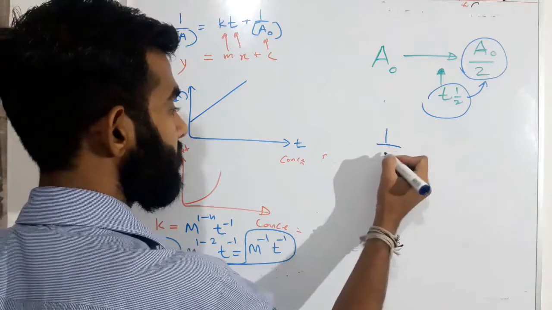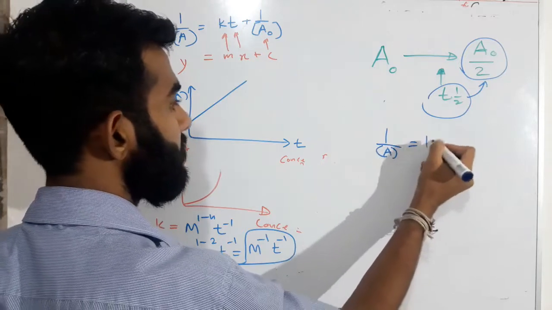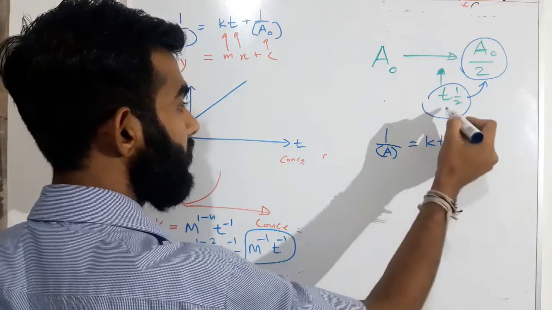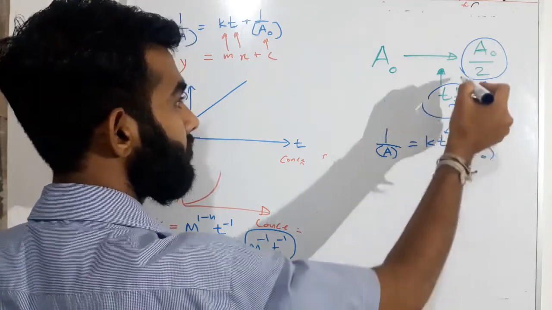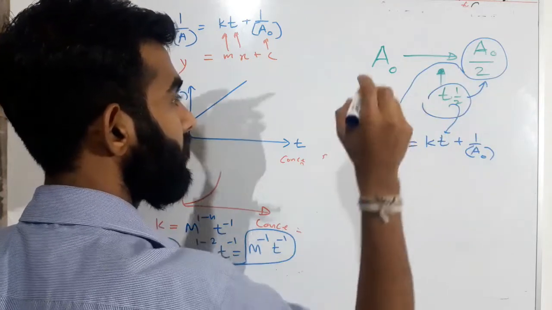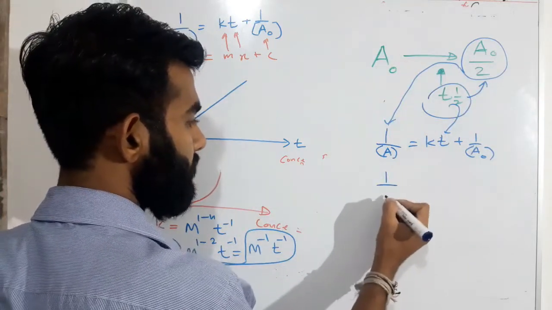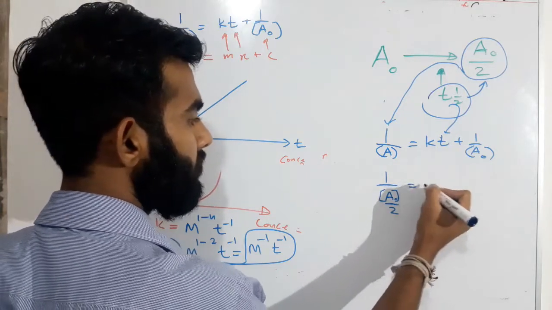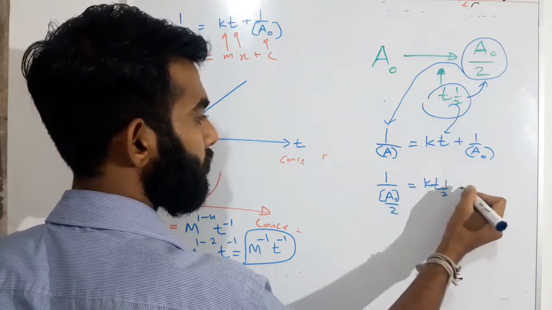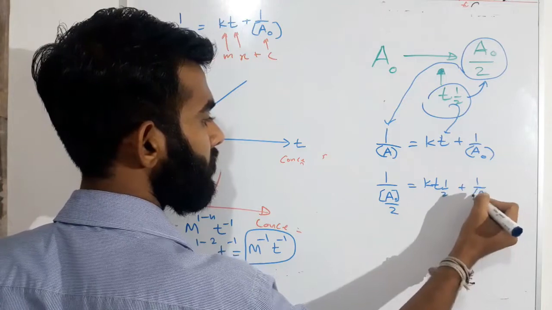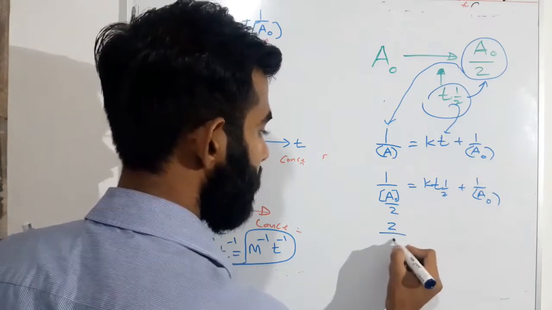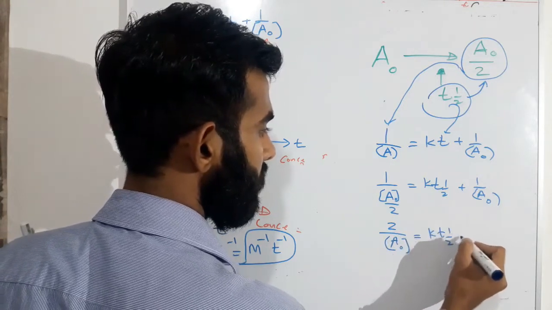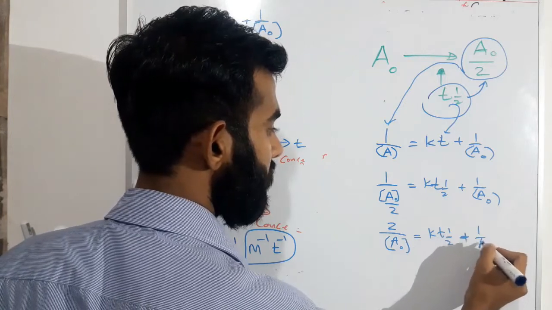So 1 over A equals kt plus 1 over A naught. Instead of t, we substitute t half. Instead of final concentration, we substitute A naught over 2. So 1 over A naught divided by 2 is equal to k t half plus 1 over A naught. We have to rearrange: 2 divided by A naught is equal to k t half plus 1 over A naught.